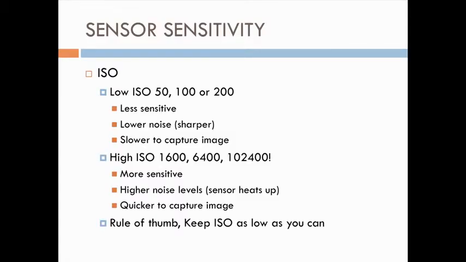But if you need to shoot in lower light, or if you're in conditions where the ISO is going to become more of a challenge, then the trade-off is that you can crop in tighter and get that magnification, at the cost of your photos just not looking as good. So a general rule of thumb I tell people is to keep the ISO as low as you can. You'll find some people say, well, I'll set it to auto and it'll just wander on its own.